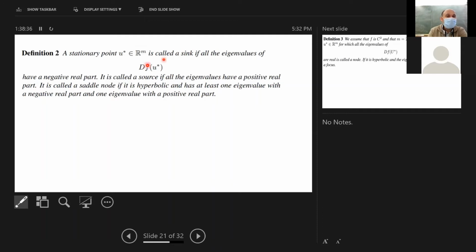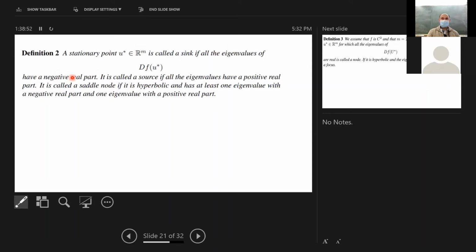By definition, it's a sink if all the eigenvalues of the Jacobian have a negative real part.